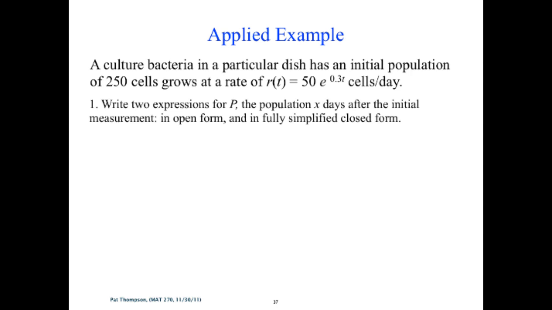That P function is the population t days after the initial measurement. In two ways, I want you to write that expression: P of t in open form, and P of t in fully simplified closed form. So take 5 minutes. See if you can do this.